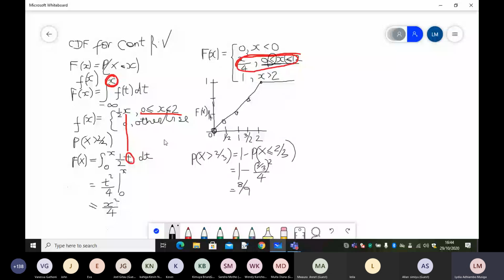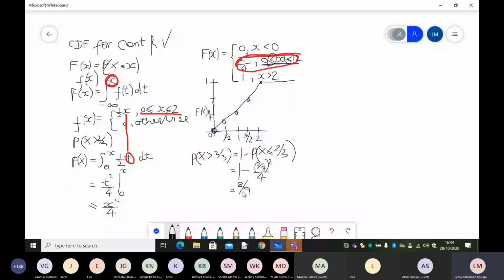It will just be 1 if we substitute in the function at the point x is 2. So the probability that x is greater than 2 over 3 is equal to 8 over 9.